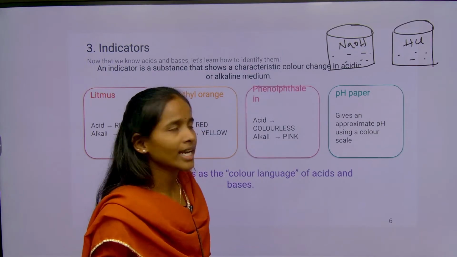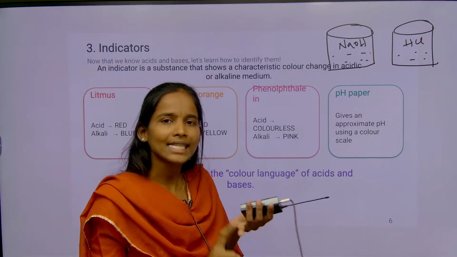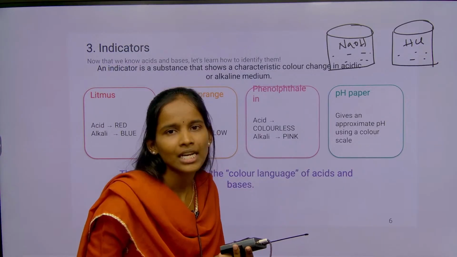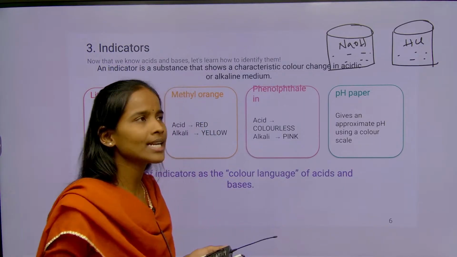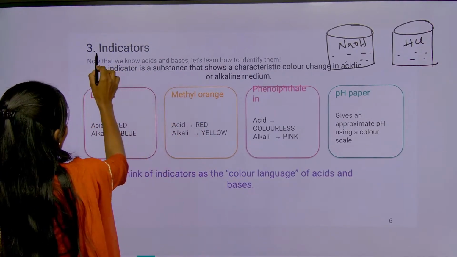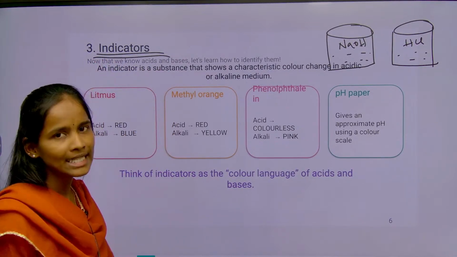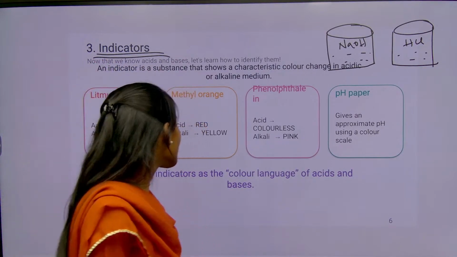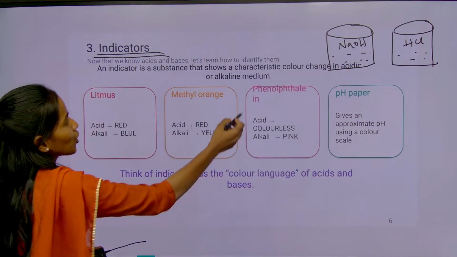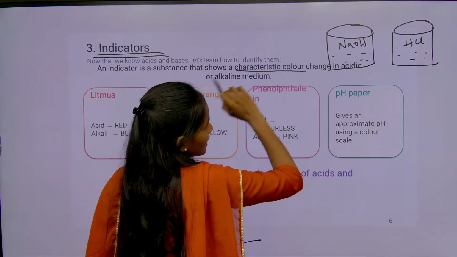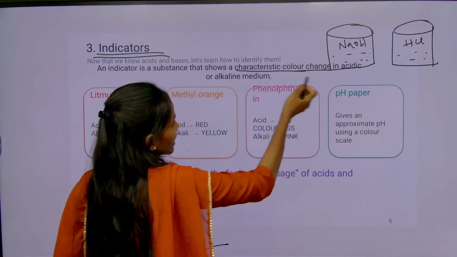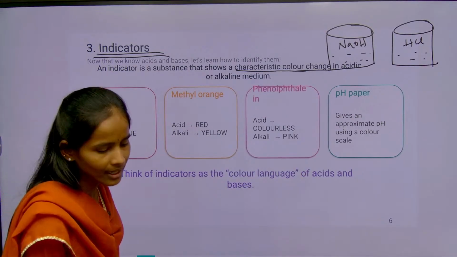In order to check whether the given chemical is acidic or basic in nature, we need to use some substances, and those substances we call indicators. Indicators are the substances that show a characteristic color change in acidic or alkaline medium.